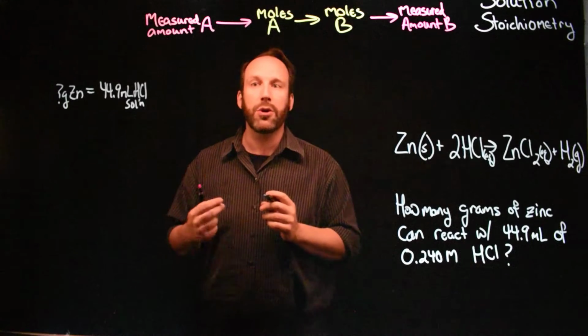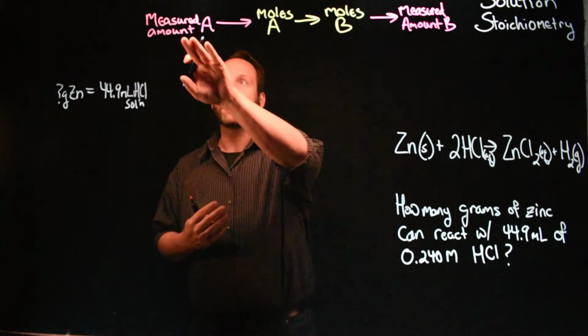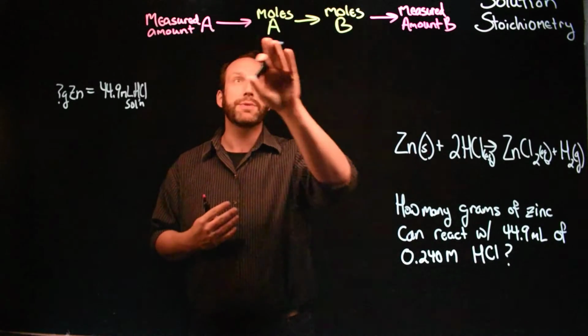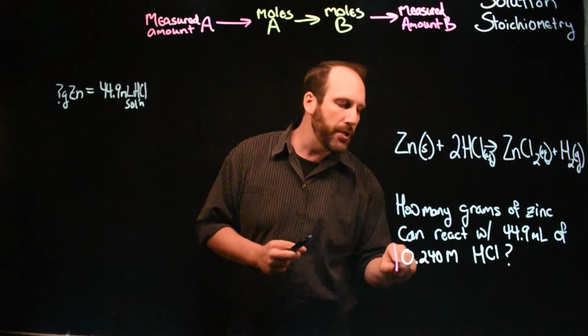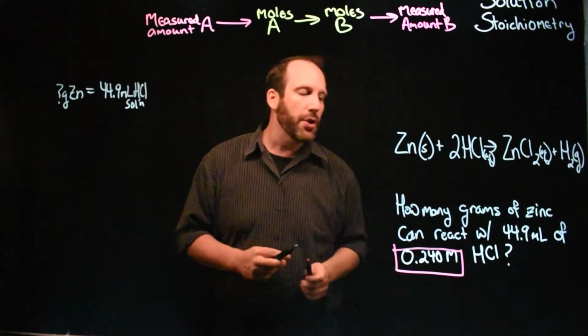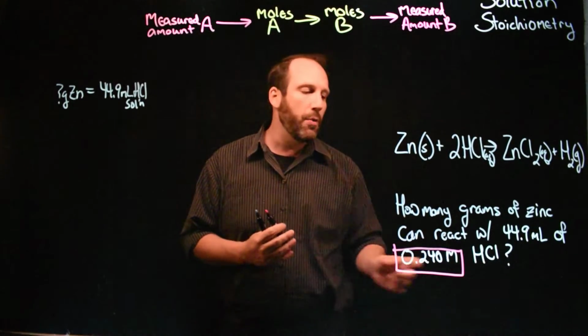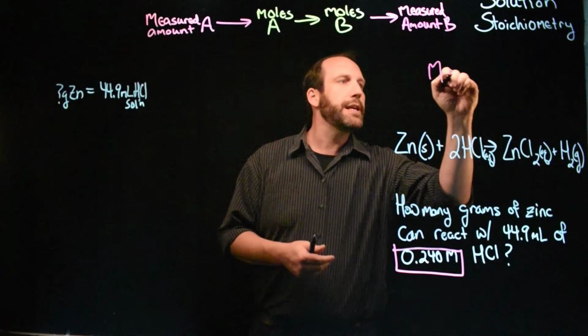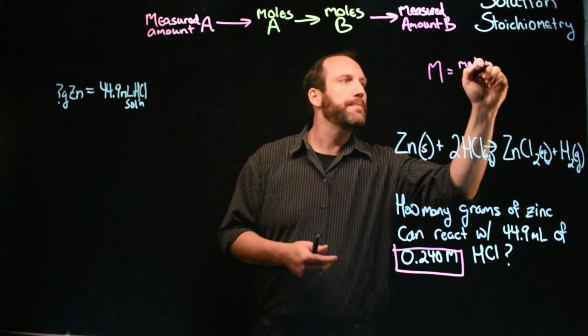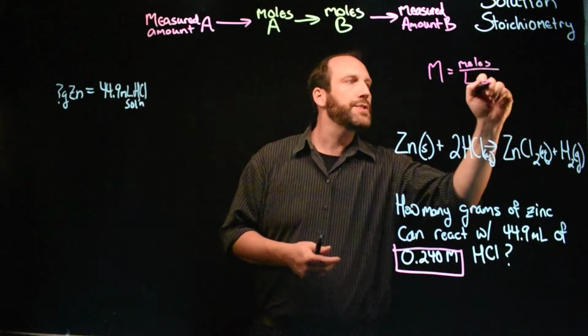The first thing that we're going to do is convert this measured amount into moles. What are we going to use to do that? We're going to use molarity. Remember, as we said in the last video, molarity is equal to moles per liter of solution.